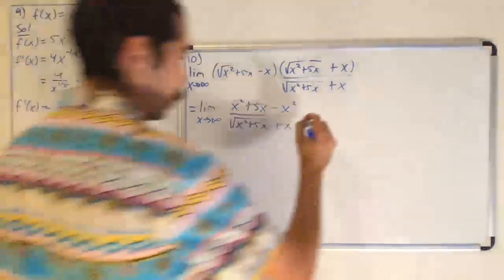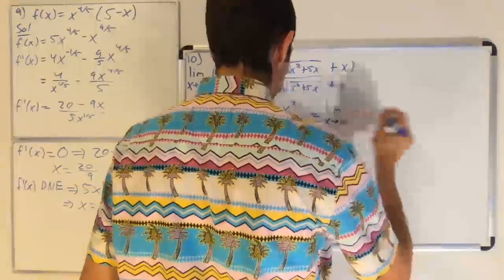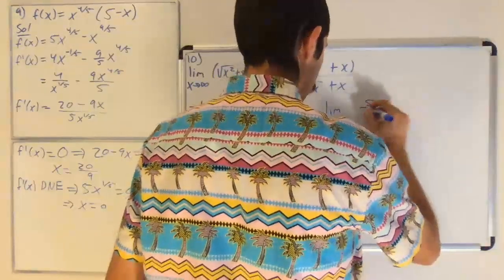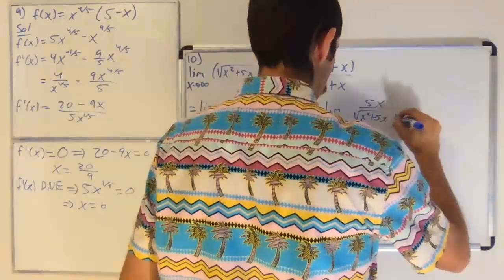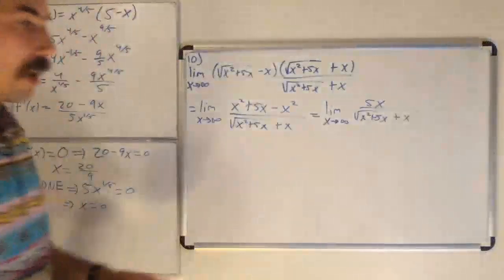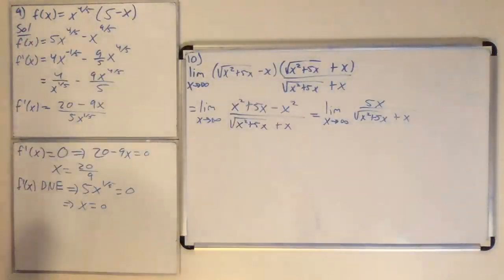Okay, and so this is equal to the limit as x goes to infinity of 5x over the square root of x squared plus 5x plus x. Now if we tried to plug in infinity, you would get infinity over infinity, so maybe nothing happened here.